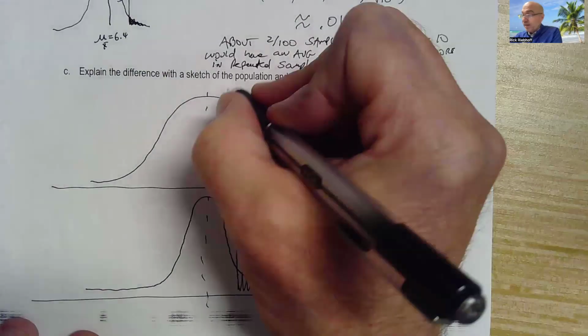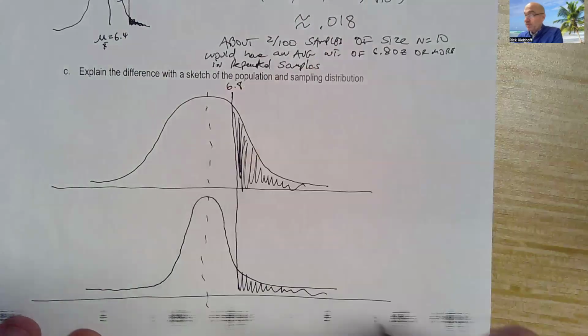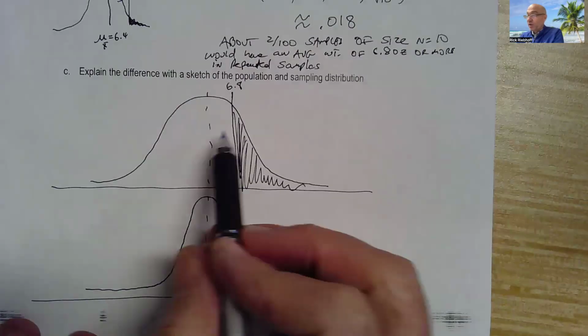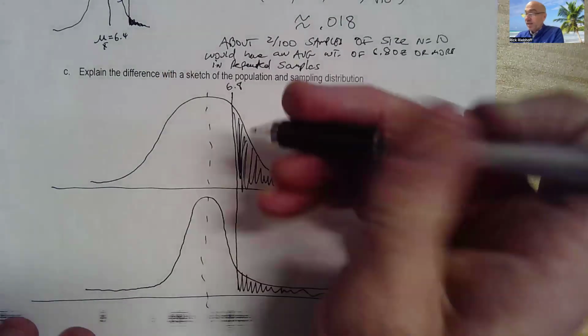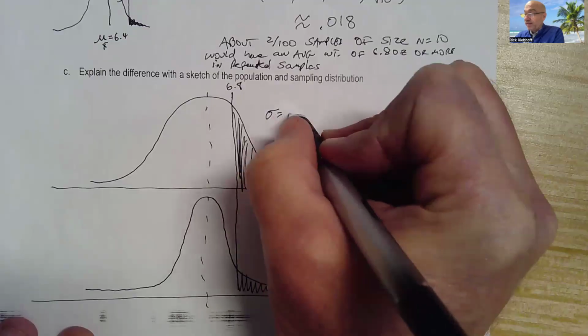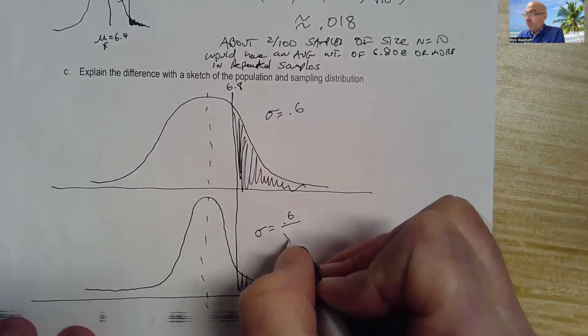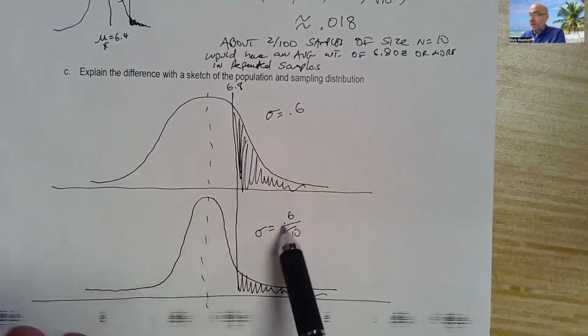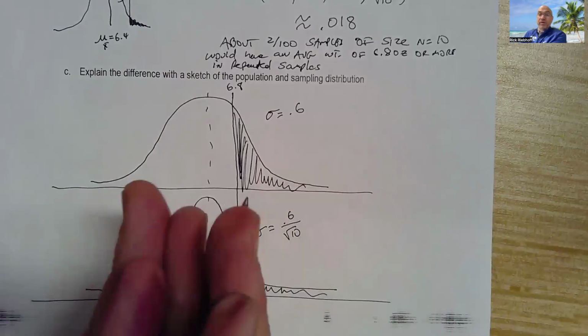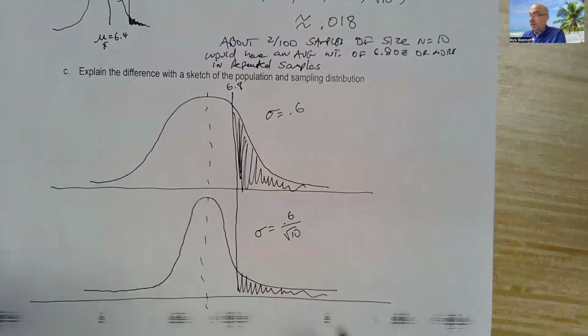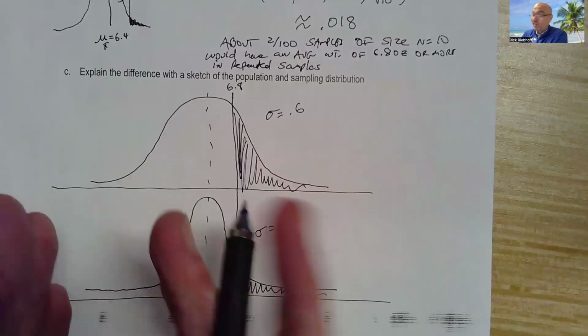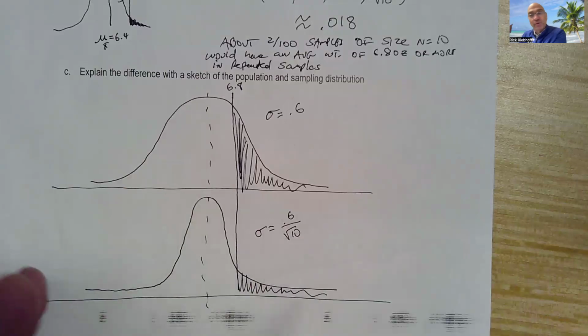So even with the same 6.8 here, because the standard deviation is smaller. Again, this is a standard deviation of 0.6. This is a standard deviation of 0.6 divided by root 10. So that'd be about 0.2. It's a third the size, right? It's shrinking in. Or even less than a third, right? That's not square root of 9. That's where my brain went.